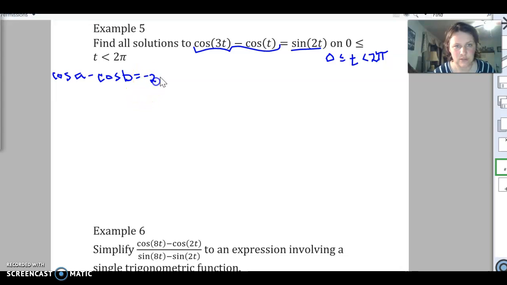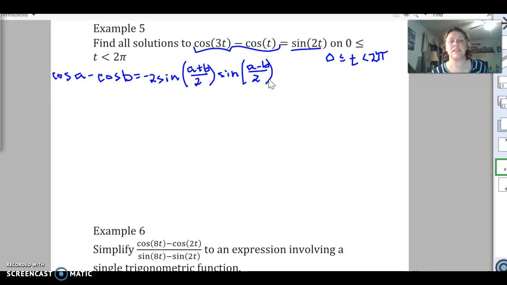Now if we use that cosine A minus cosine B formula, that's going to change it into a negative 2 sine of A plus B over 2 times sine of A minus B over 2. Now I think this would really be helpful because at least we'll have everything in terms of sine. So let's go ahead and change that and see what we get. So then we will end up with negative 2 sine of, let's go up here and see what our A and B are.